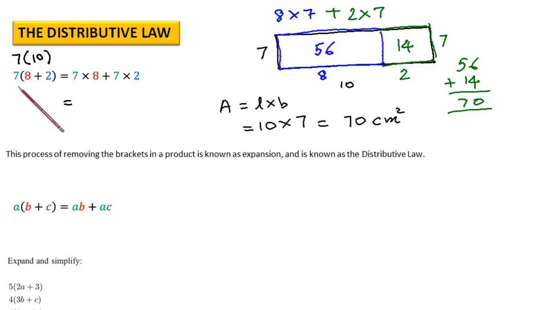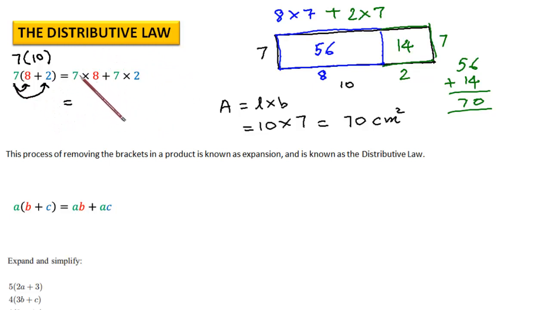First we multiply the 7 and 8 and write 7 eighths, and then again we come out and multiply the 7 and 2, which is 7 twos, and we write this plus sign in between. Had this sign been minus, we would have written a minus sign in between. So this process of opening the brackets is called the distributive law.